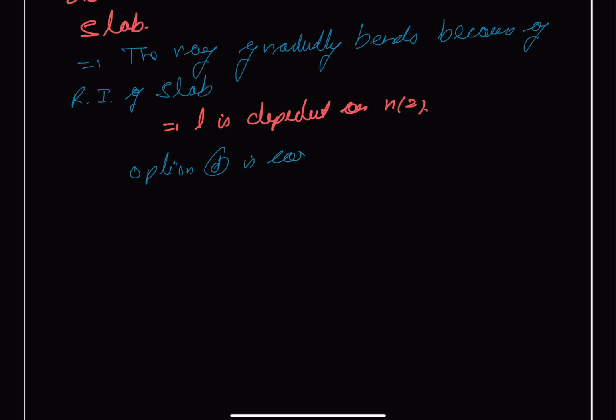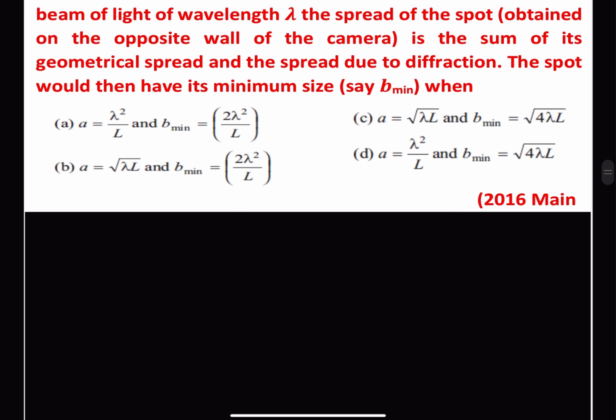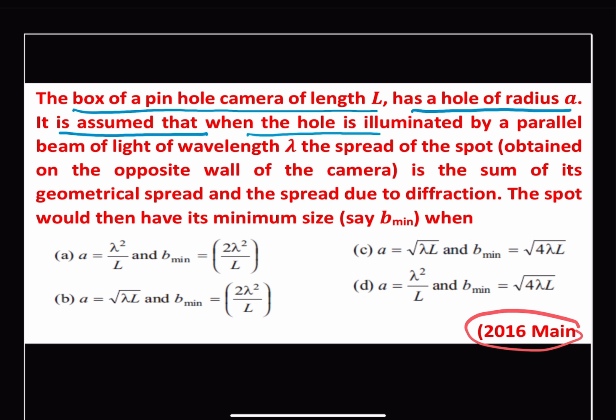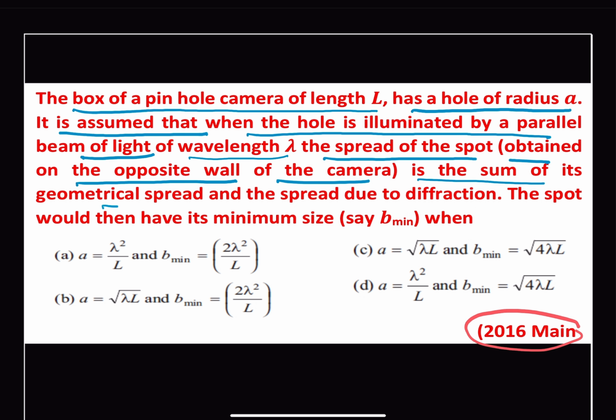Okay. Next question. It was asked on the 2060 mains, and it states that a box of pinhole camera of length L has a hole of radius A. It is assumed that when the hole is illuminated by a parallel beam of light of wavelength lambda, the spread of the spot obtained on the opposite wall of the camera is the sum of its geometrical spread and the spread due to diffraction.